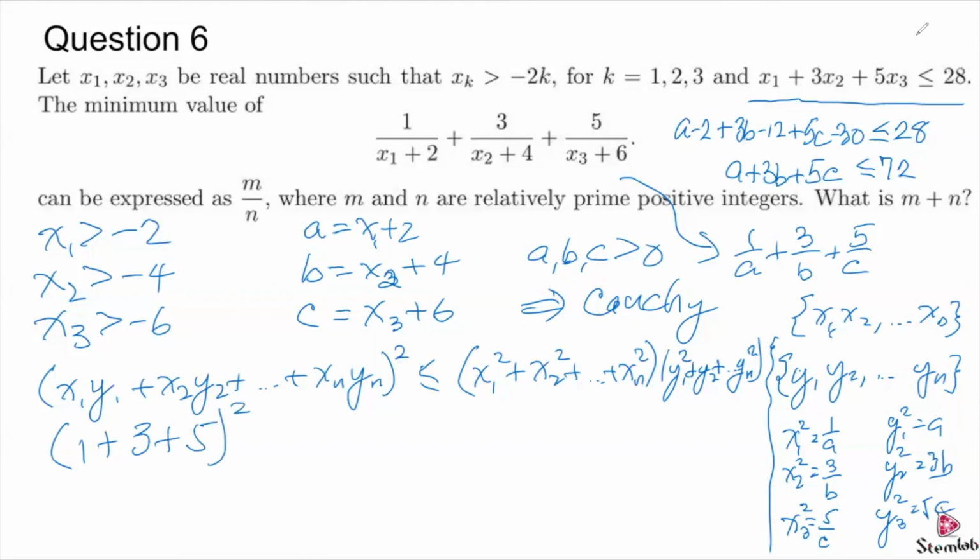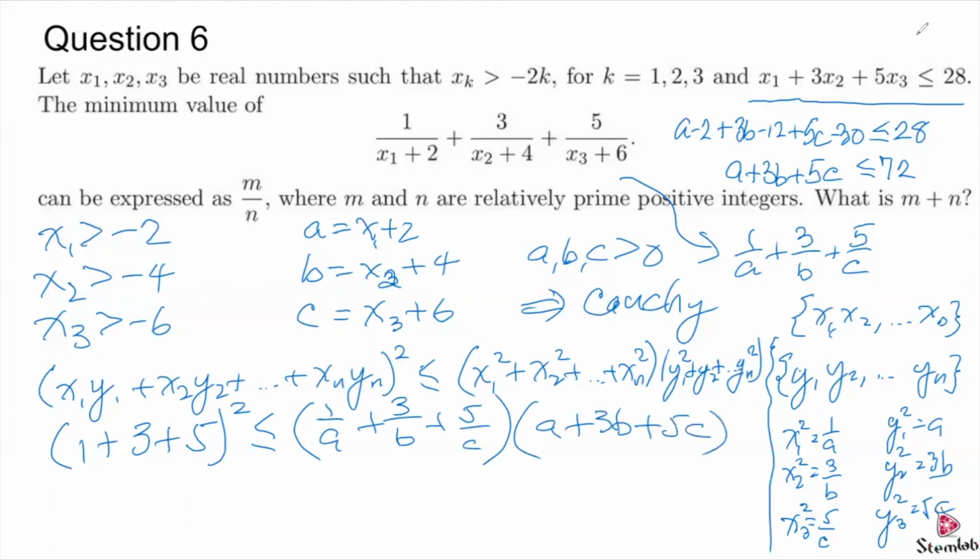That thing squared should be less than or equal to the sums of the squares of our series. We defined x sub 1 squared to be 1 over a, x sub 2 squared to be 3 over b. So to us, this is simply the sums of the squares: A plus 3b plus 5c.